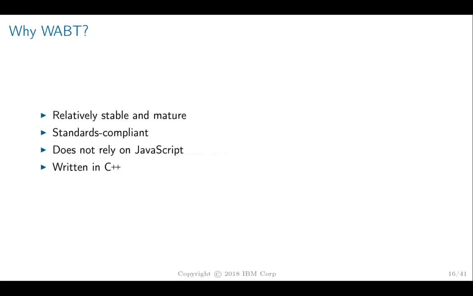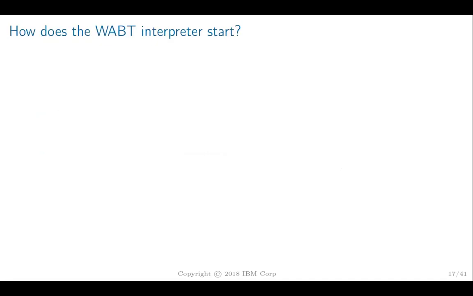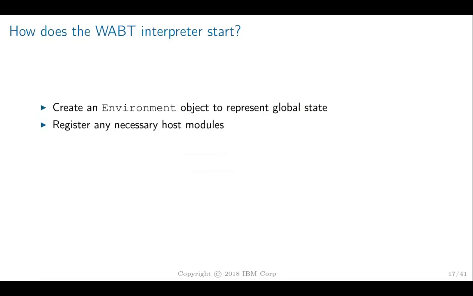And I'm going to have to go through a little bit of how the Wabbit interpreter starts, just to give everyone an idea of what's happening internally. You start off by creating an object of this type environment, which represents a WebAssembly sandbox. So that contains global state, like the memory, global variables. You register these things called host modules on it, which is basically just a really fancy term for C functions that WebAssembly code can call.